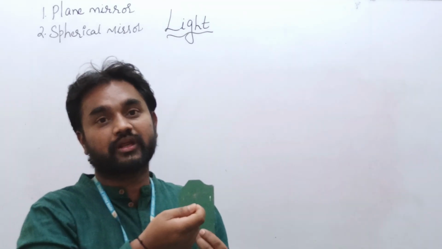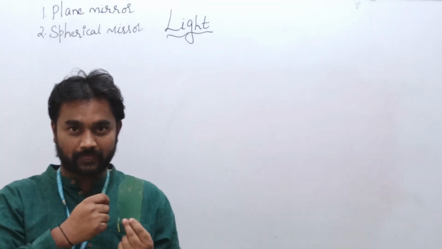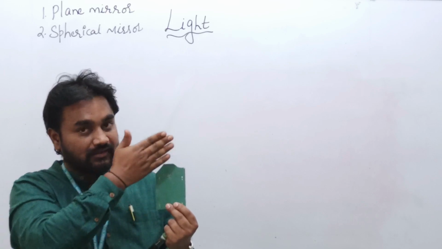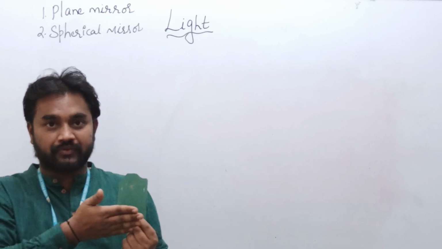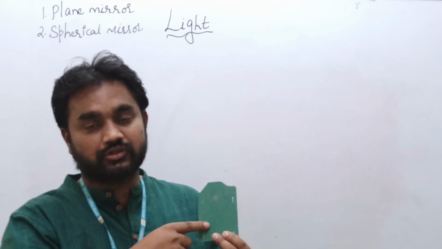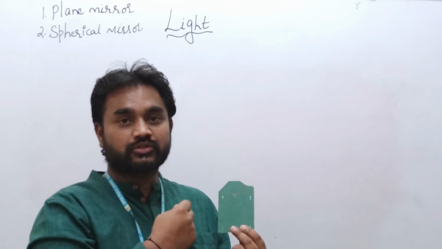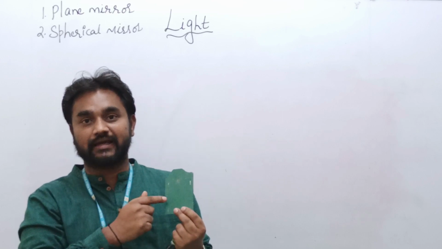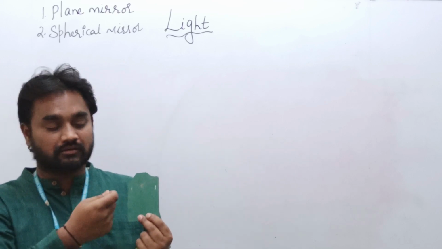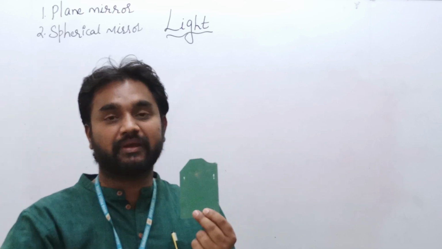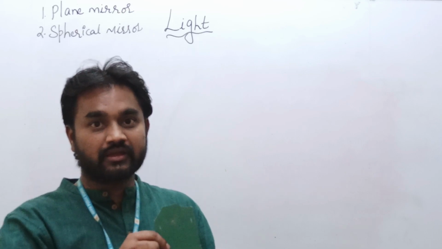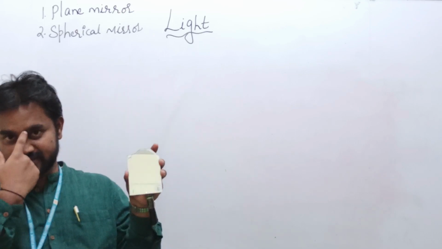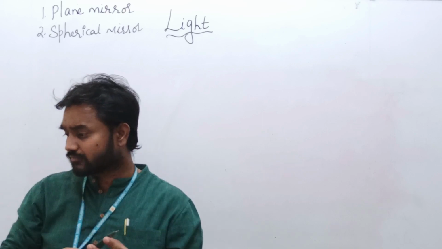It might be a silver coating or aluminium coating. They do the coating and then that coating is protected by paint. In some mirrors you can see it is colored red, green or grey. So this is the plane mirror.